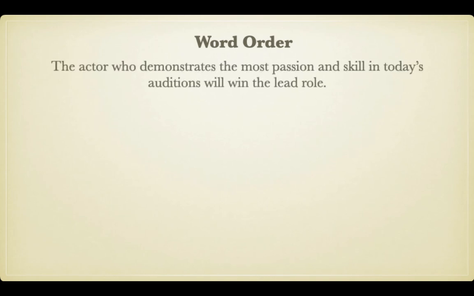Another way to emphasize ideas is through word order. Important information shouldn't be buried in the middle of a sentence. You can make this information more prominent by placing it at the beginning or at the end of a sentence. Consider the following examples. The actor who demonstrates the most passion and skill in today's auditions will win the lead role.